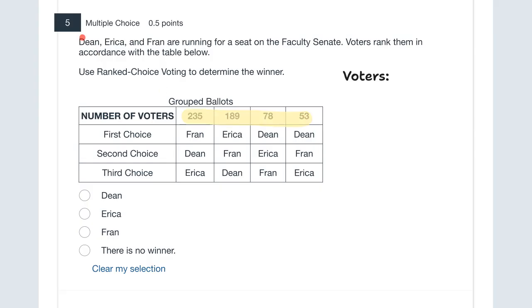We're not told the number of voters here. In the ice cream one, we were told 600 earlier, but in this case we have to add these together: 235 plus 189 plus 78 plus 53. That's 555 voters.